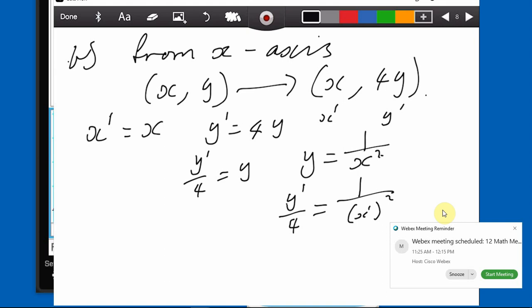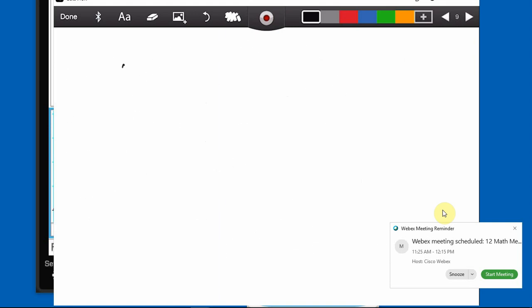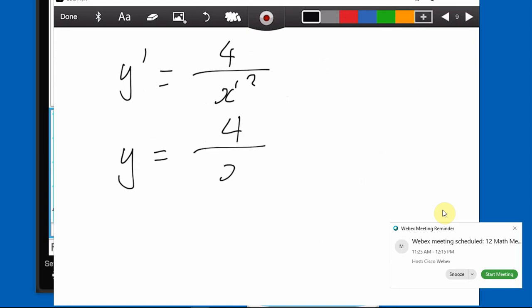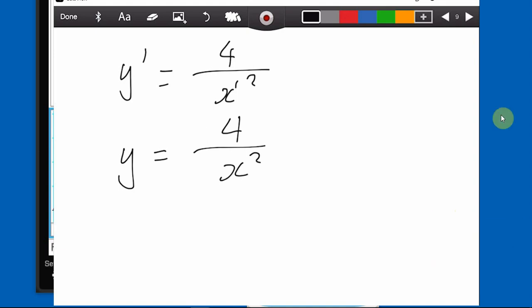So we've got Y dashed on 4 equals 1 on X dashed squared. And now if I times both sides by 4, I'll get that Y dashed equals 4 over X dashed squared. And so our image is 4 on X squared, for our image of this particular truncus.